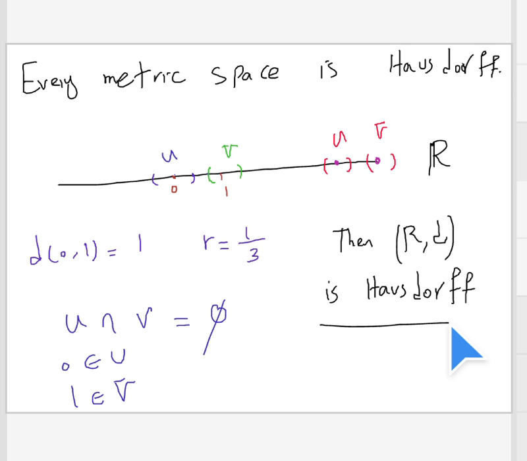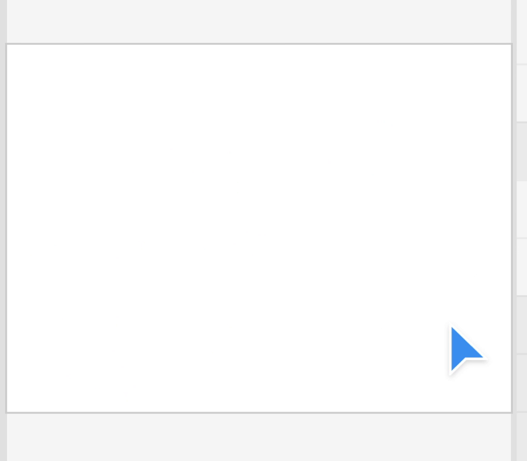Again, I explain it again. This is R, a metric space, with the Euclidean metric on it.